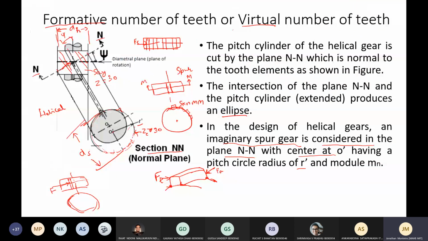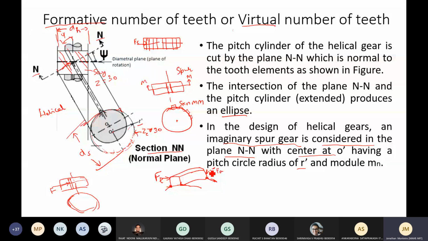Most important concept of formative number of teeth. So what happens here? You are going to create a bigger imaginary circle and think that the forces that are transferred on it are pure Ft. See, the moment you transfer from a helical gear to an imaginary spur gear, then Fa component will automatically be 0.